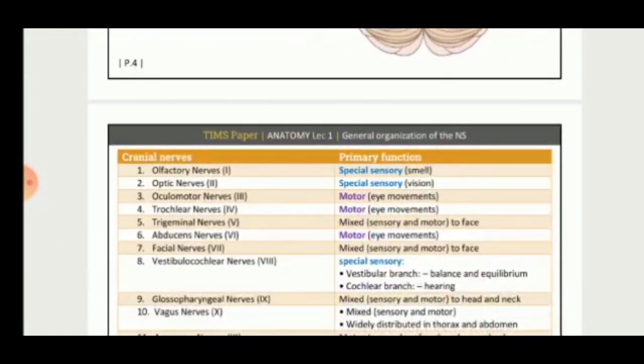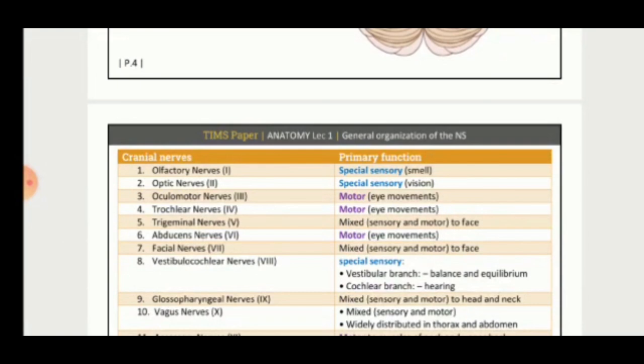Trigeminal nerve is actually responsible for the face. So it's a mixed nerve containing sensory and motor neurons. Abducens nerve, which is responsible for eye movement, is a motor nerve and particularly is responsible for the abduction of the eyeball.